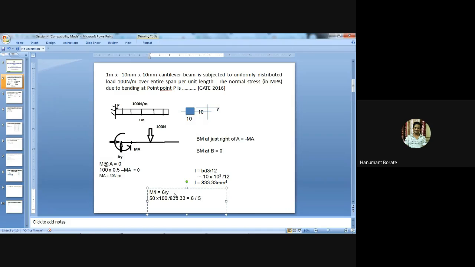Now calculate the value of sigma: 50 into 1000 divided by 833.33, into 5. So in this way we got the answer, 300 MPa. Sigma equals 300 Newton per mm square, 300 MPa. So this is the answer for the bending stress at point P, the upper fiber.